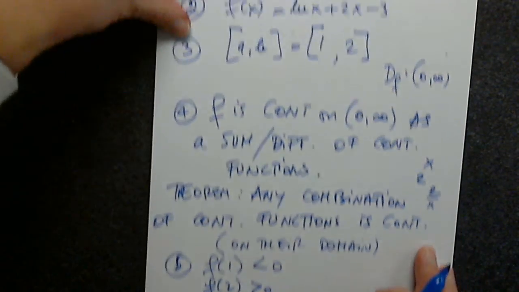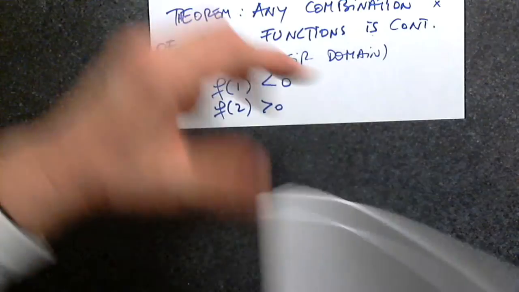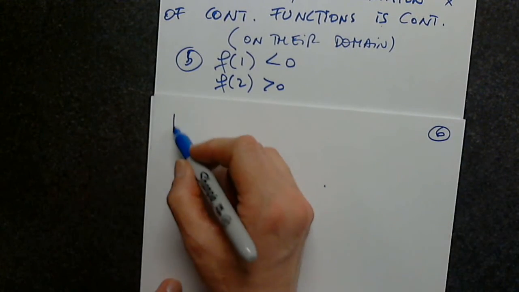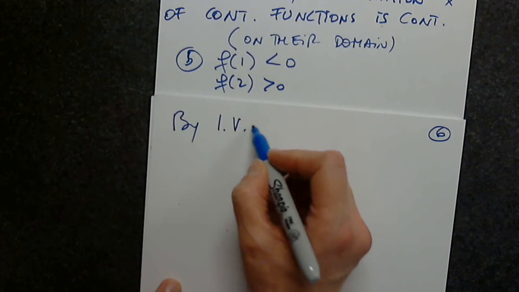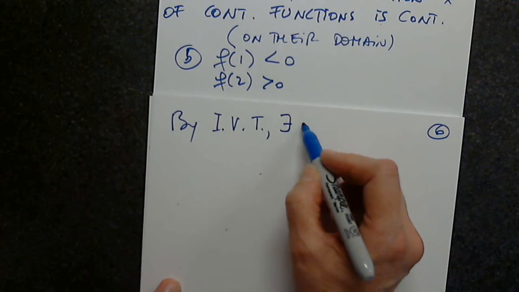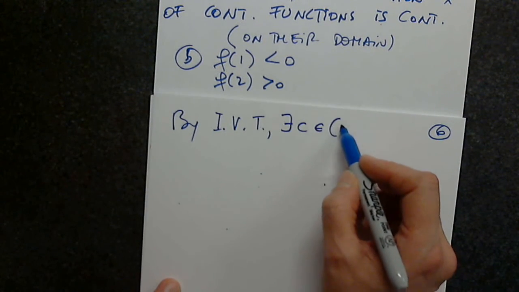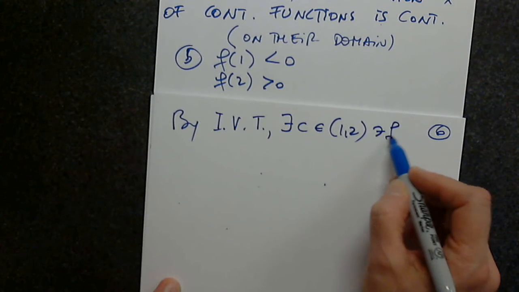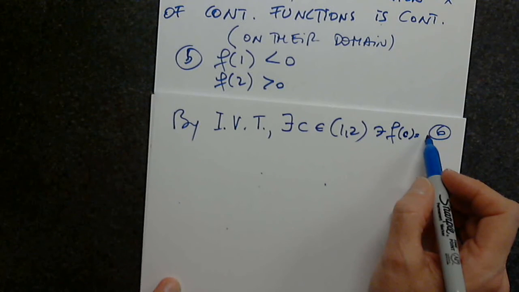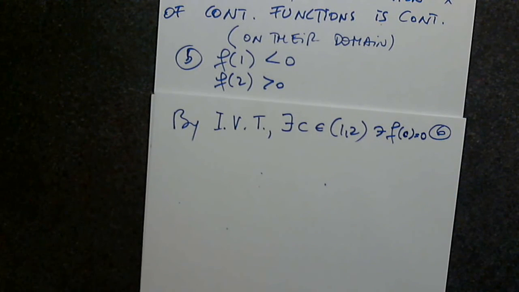So then I will say, by intermediate value theorem, there exists a C in the open interval 1, 2, such that f of C is 0. So we found a solution.